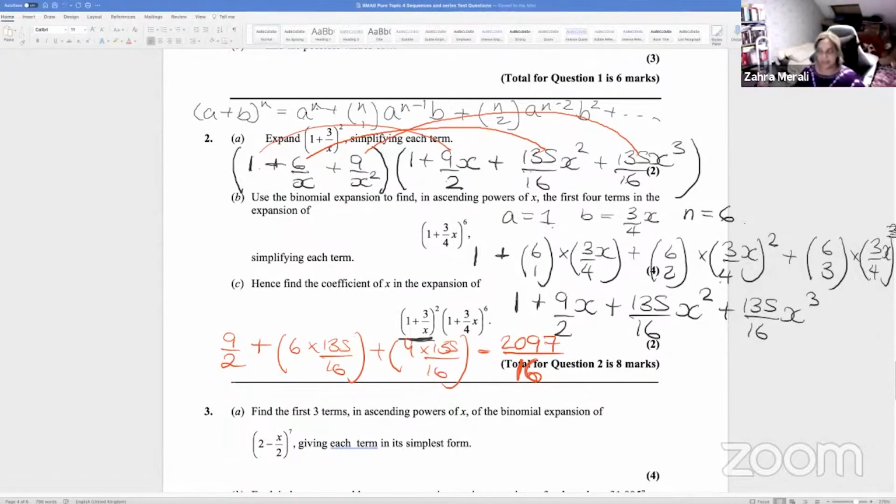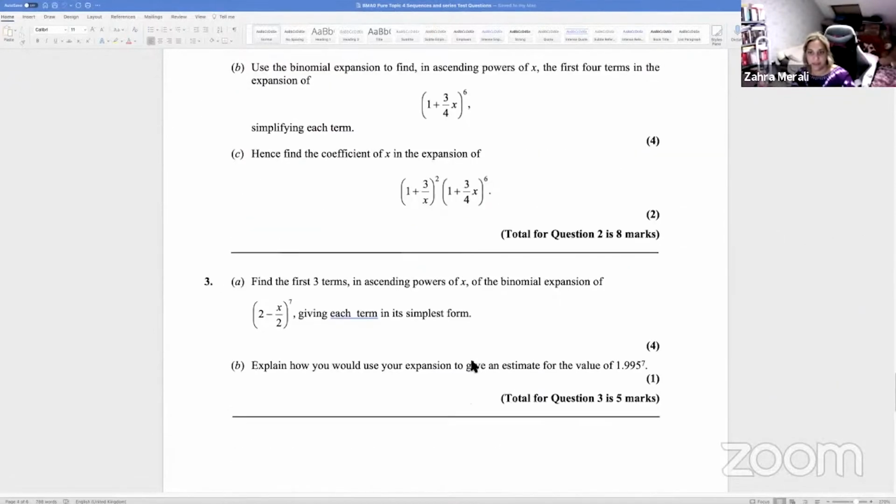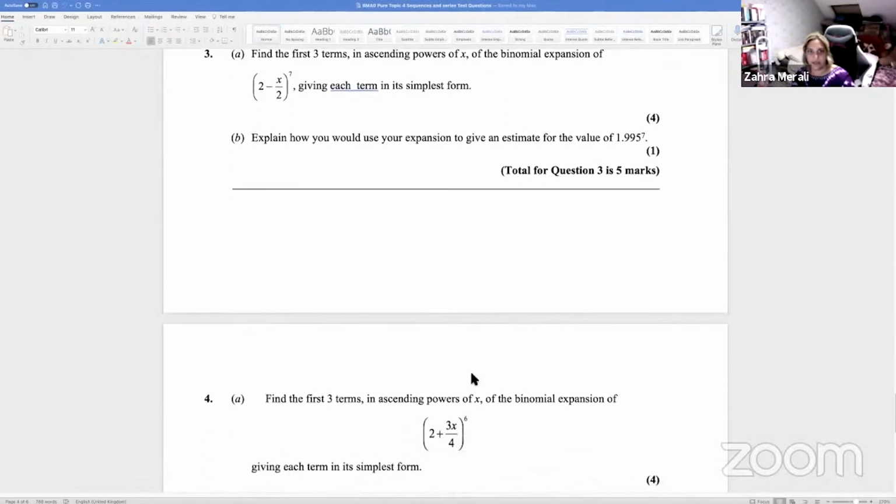Okay, next question. Exactly the same process. We get our A, which is 2, but this time we've got a minus. So the whole of that B we think about as minus a half x, or minus x/2, and our n is 7. If I clear that, let's do question 3.